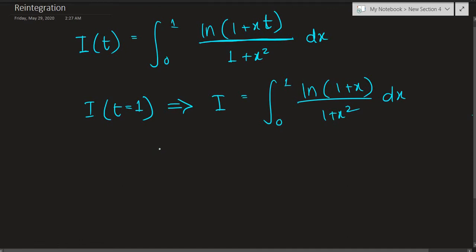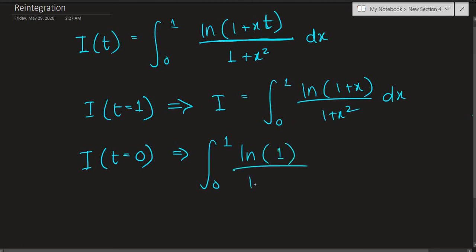And now notice that when you plug in t equals 0, you're going to have the integral from 0 to 1 of the natural log of 1 plus x times 0 is 0, so natural log of 1 divided by 1 plus x squared dx. And now look at the genius behind this. Natural log of 1 is 0, so everything just becomes 0.